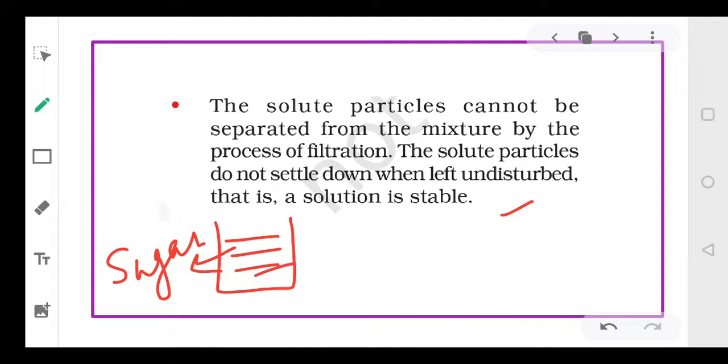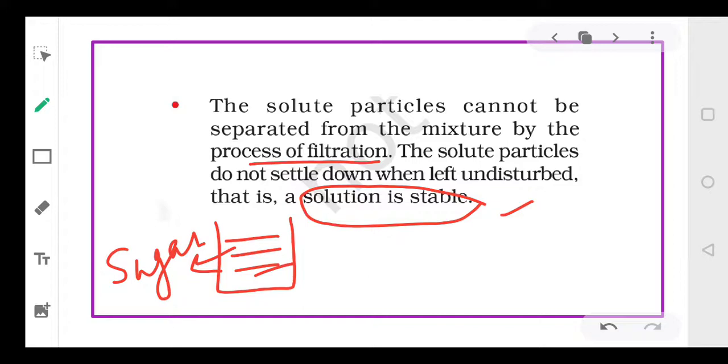Take a sieve and pass the sugar solution through it. Will the sugar separate? No. You cannot separate the sugar from the water with the help of filtration. So we say the solution is stable, because we cannot separate it by the filtration method.